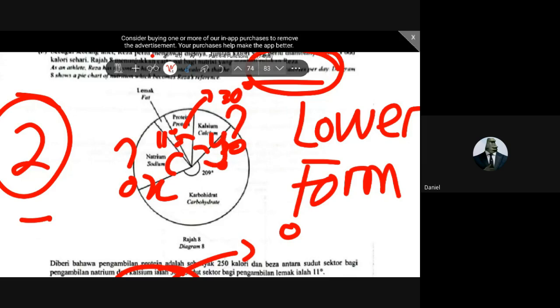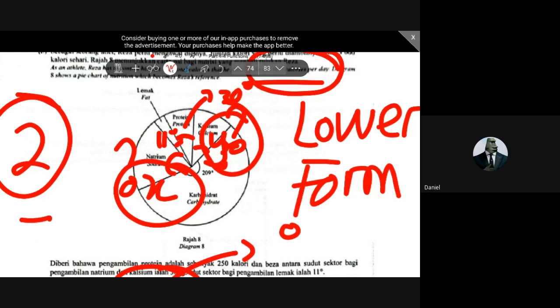X and Y. Katakan sudut bagi sodium tu mewakili X dan sudut bagi sektor kalsium tu mewakili Y. X represents the angle of sector of sodium and Y represents the angle of calcium sector. So can you understand that one? So sekarang kita nak cari X dan Y. We want to find X and Y. That's why we call it simultaneous equation. Persamaan serentak. So that's why saya buat anggapan. I do an assumption for the angle of sector for sodium and calcium.